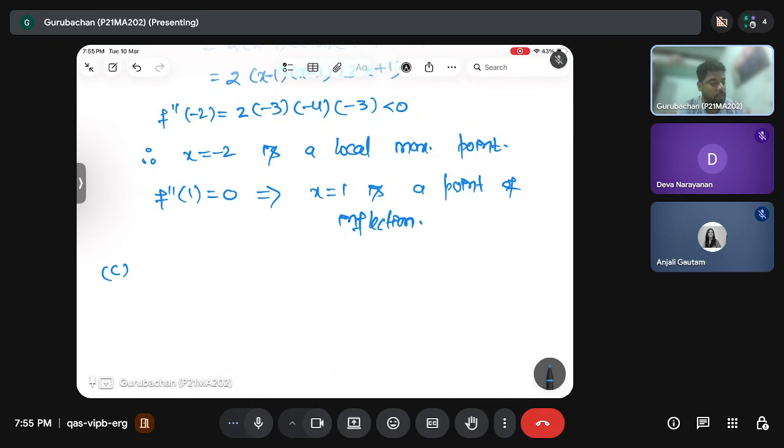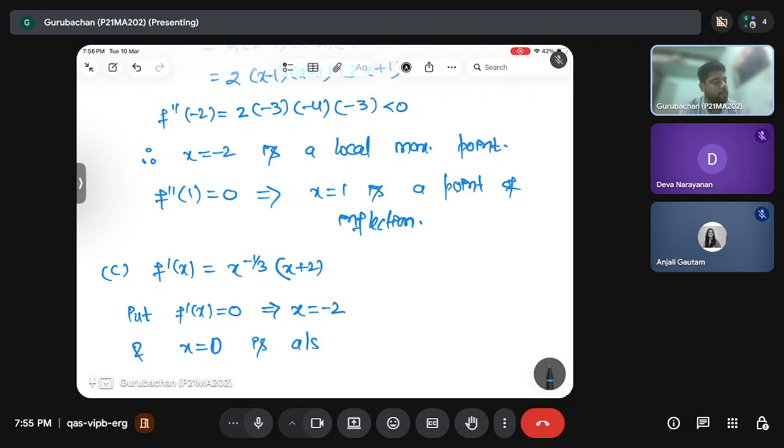In C part, so put this equal to zero, this will imply x equal to minus 2, and x equal to 0 is also a critical point because our derivative will not be defined at x equal to 0.